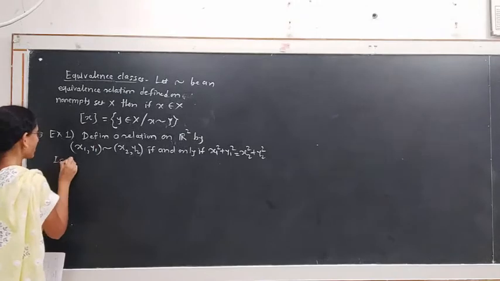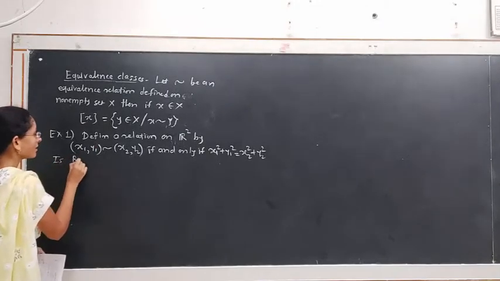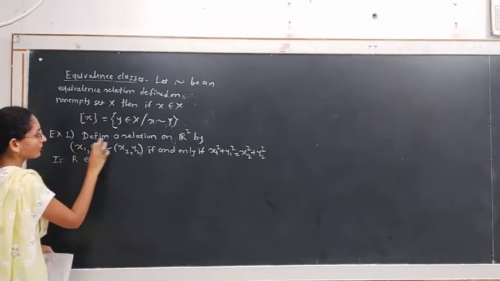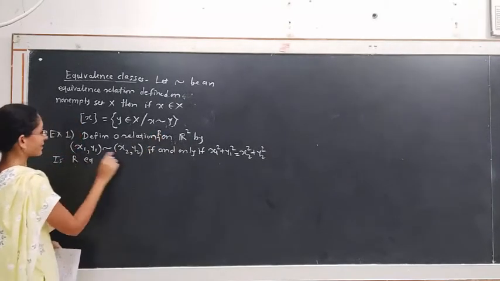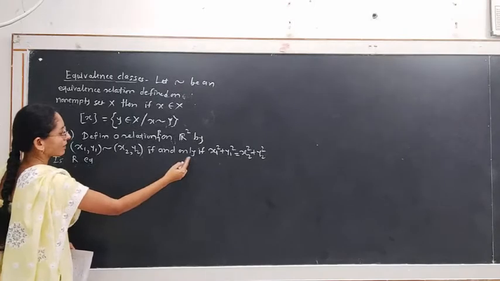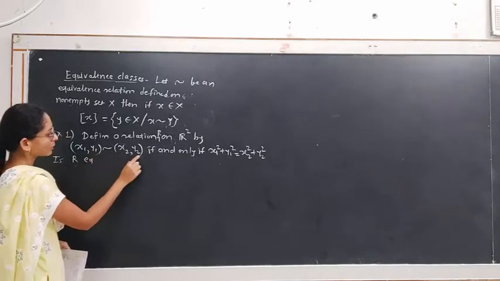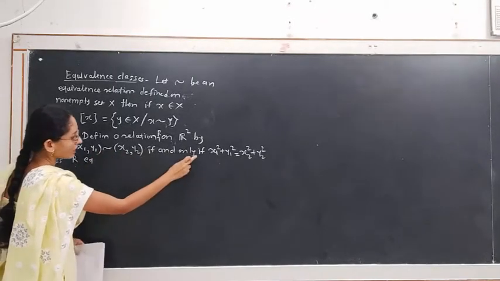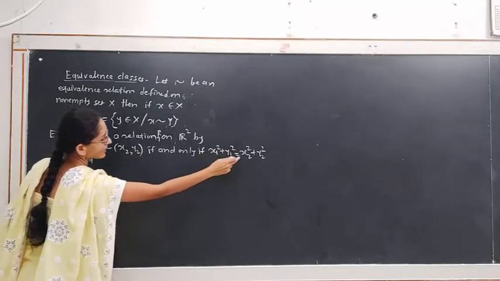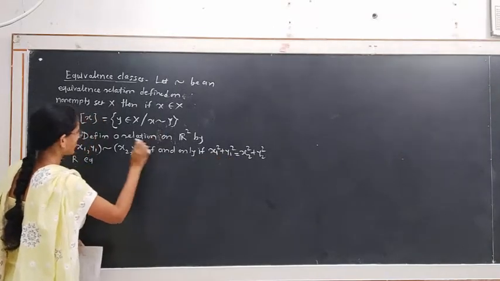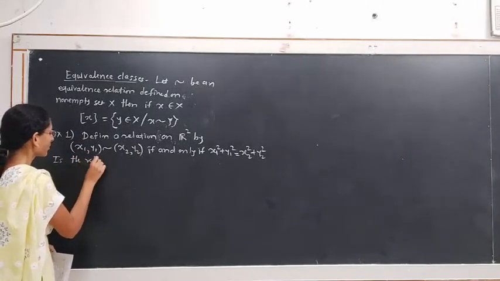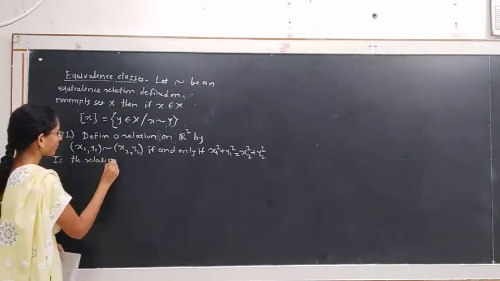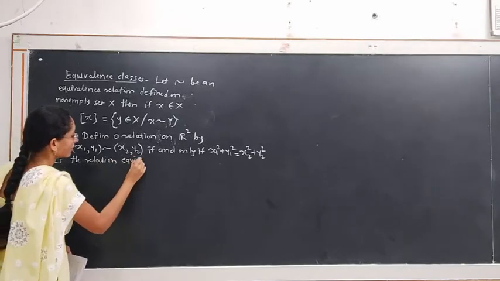Is R an equivalence relation? Define a relation R on a set R2 by this condition: (x1, y1) related to (x2, y2) if and only if x1 square plus y1 square equal to x2 square plus y2 square. Is the relation an equivalence relation?